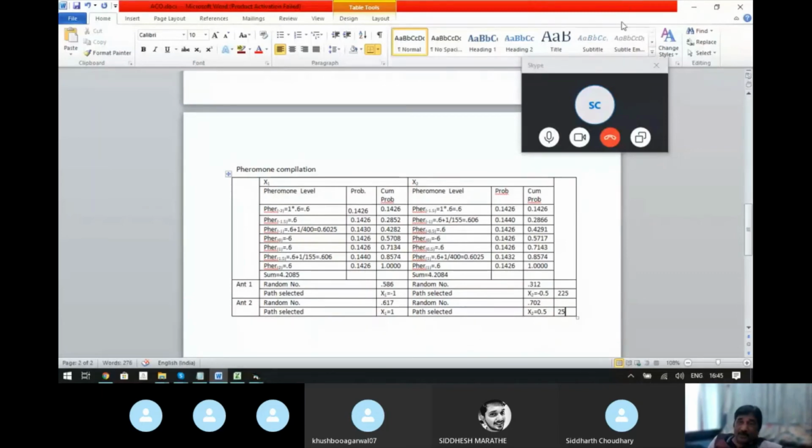Now I have not carried out the next iteration, but if the computer wants to perform it, what will it be doing? From the existing pheromone levels shown here, 60% will be retained because 40% is evaporating. And in that 60%, on whichever path the ant has traversed, for example ant 1 has traversed on path x1 equal to -1 and x2 equal to minus 0.5, am I right?